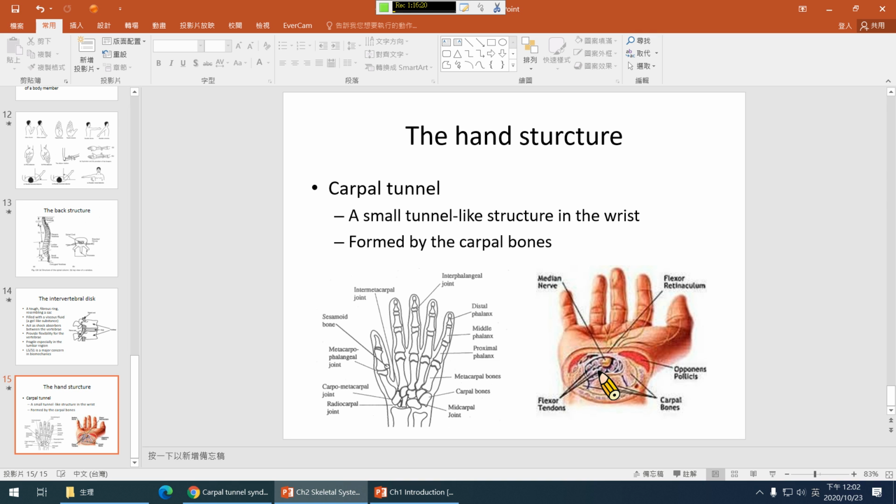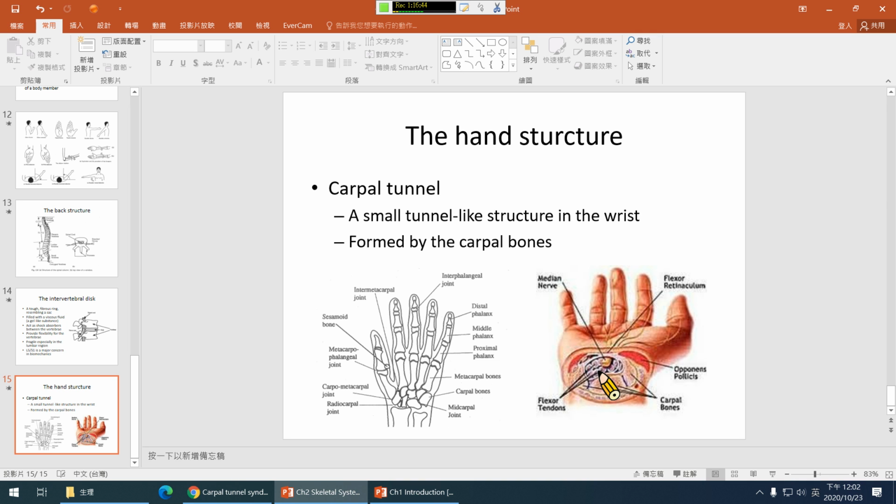The muscles at the forearm are all connected to the finger bones. That is why we can move our fingers.